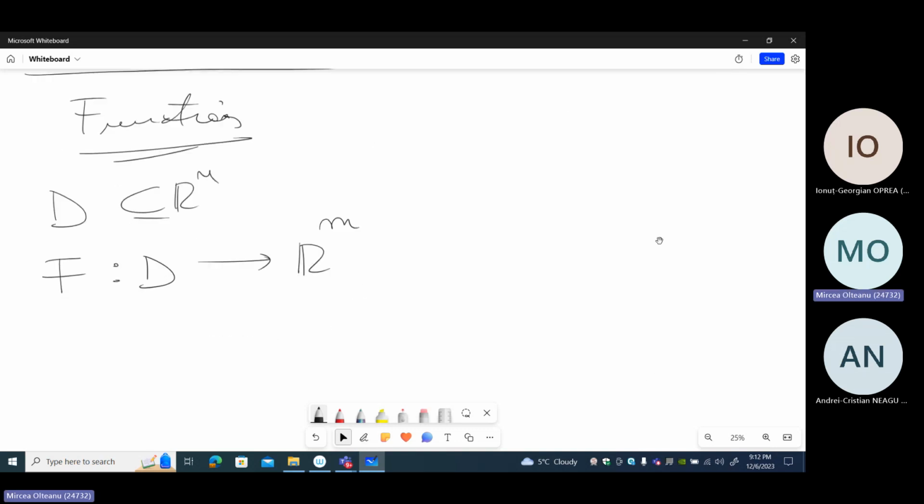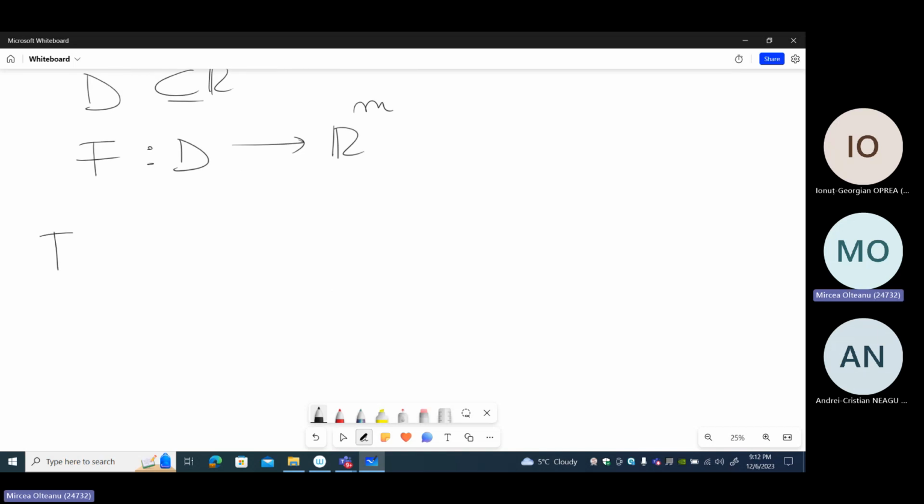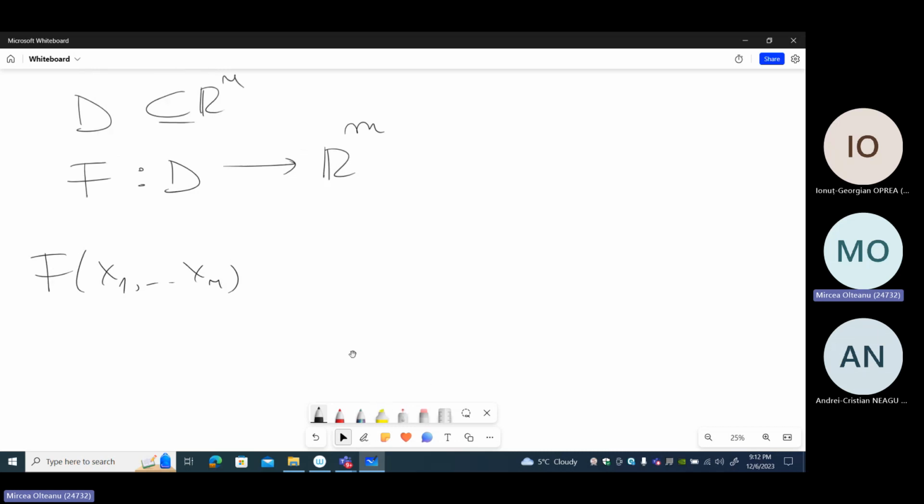Such a function applies to an n-dimensional vector, because here we are in R^n, as you see. And the result is a vector of m components. So it's something of the following type: f1(x1,...,xn), f2(x1,...,xn), and so on up to fm(x1,...,xn).